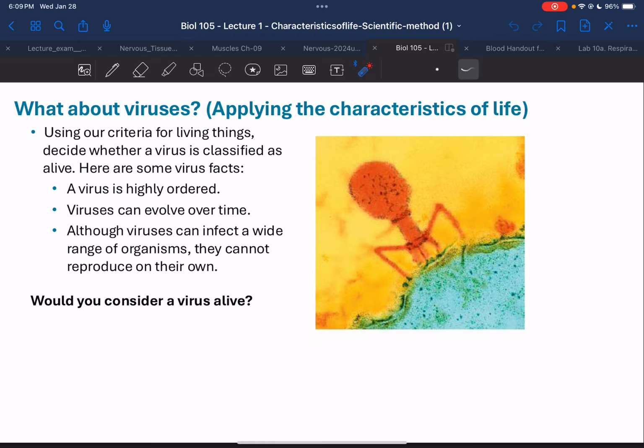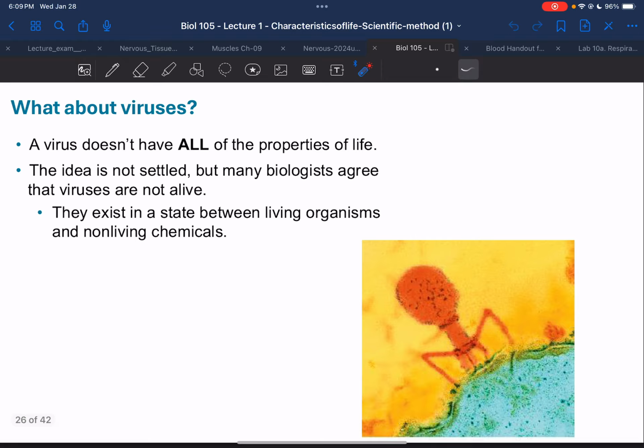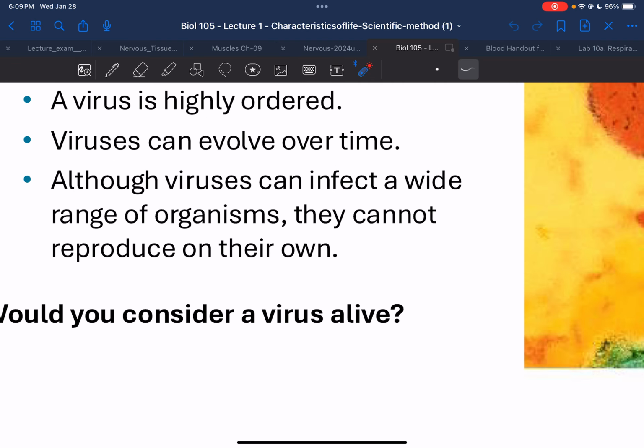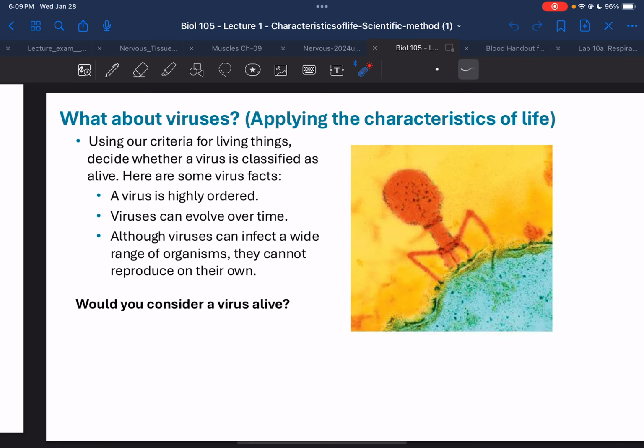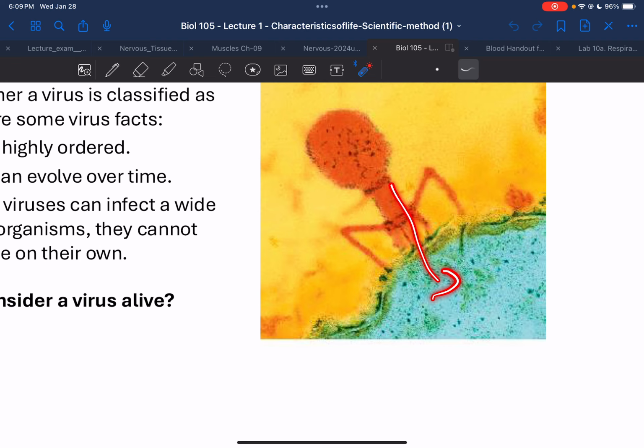And so the question we start with is, would you consider a virus alive? It doesn't have all the characteristics of life. One reason being is that they do not reproduce on their own. They just steal machinery to build themselves.